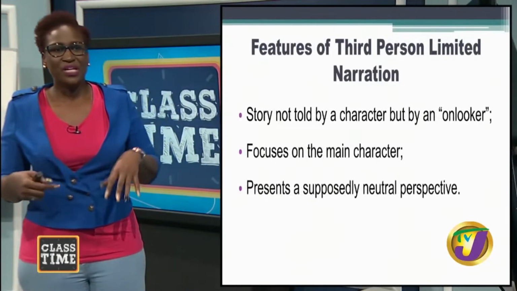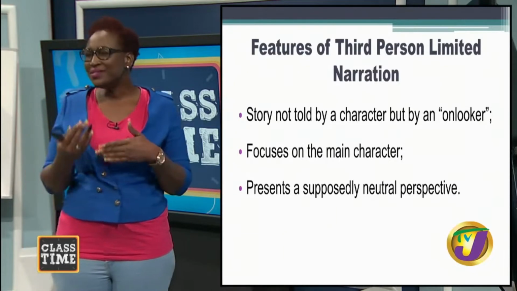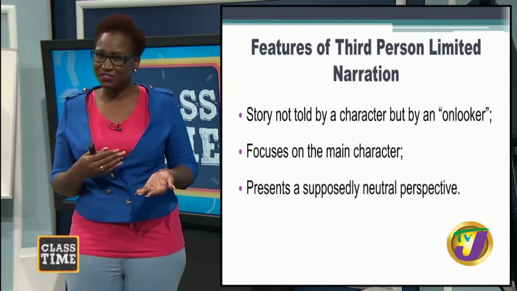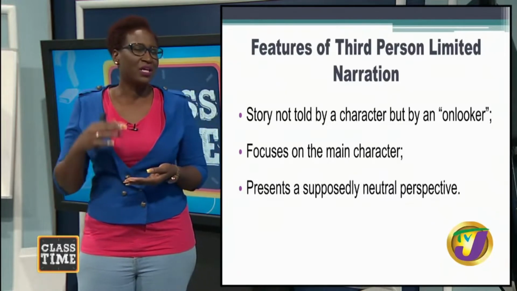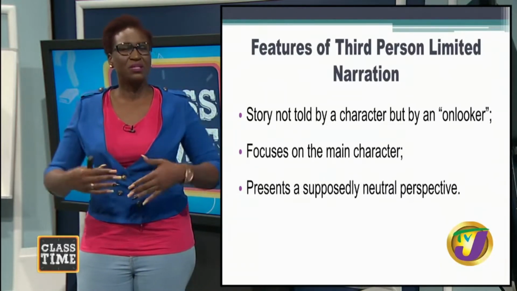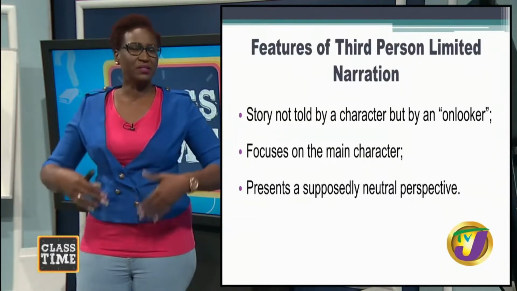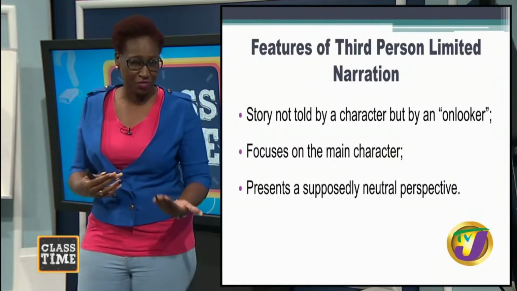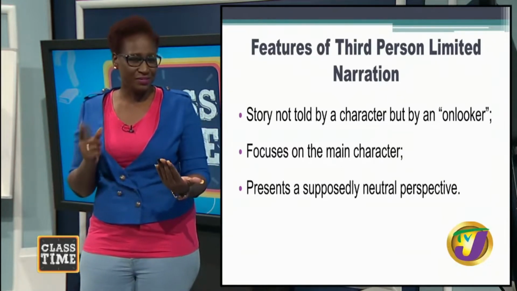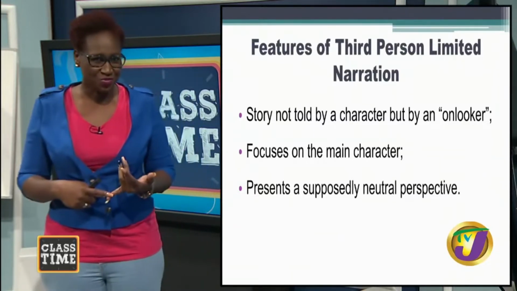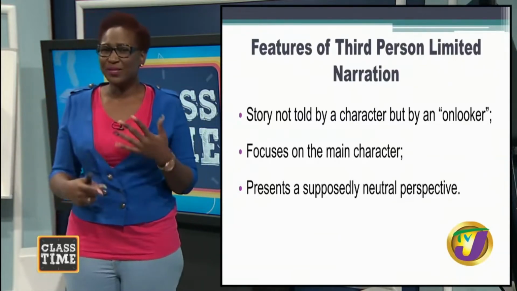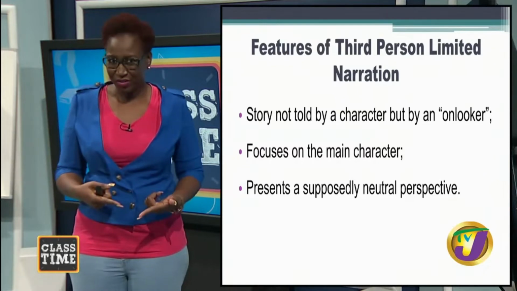And of course now, it presents a supposedly neutral perspective. Unlike the first person, where you have to question if this person is biased, because I am telling this story and in this story I tell you that I have been wronged, but I did not necessarily tell you why I was wronged or how it is that I believe I am wronged.